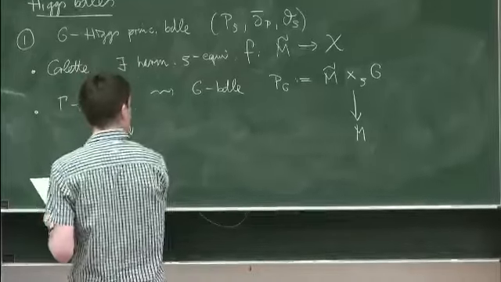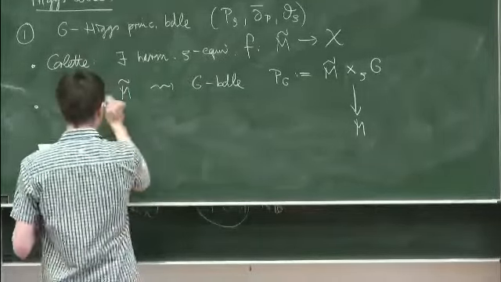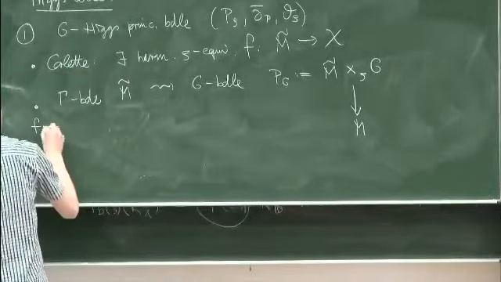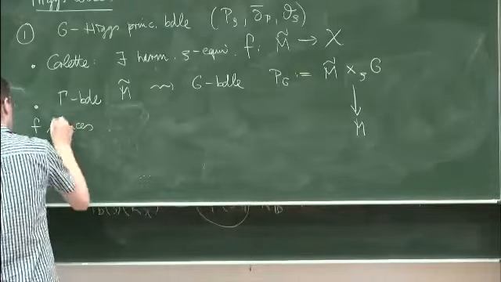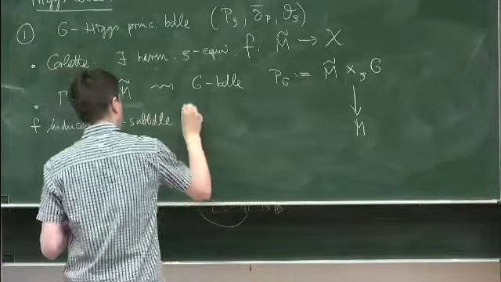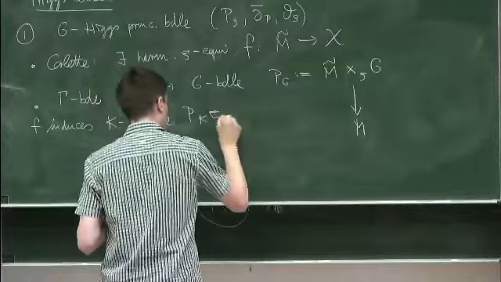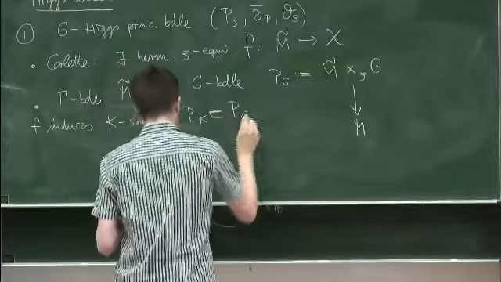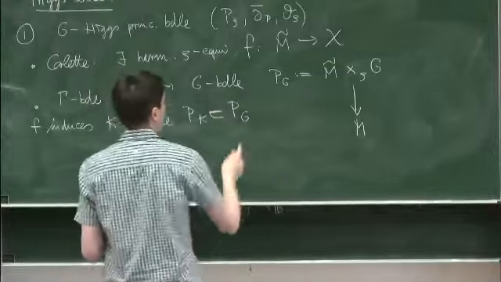And now I have to erase this here. And so F induces now a K subbundle P_K of P_G, basically by reduction of structure group.